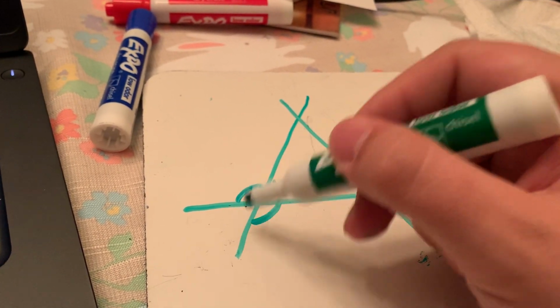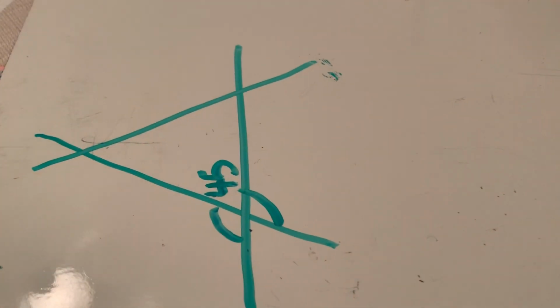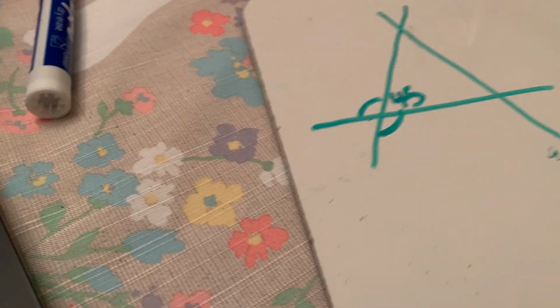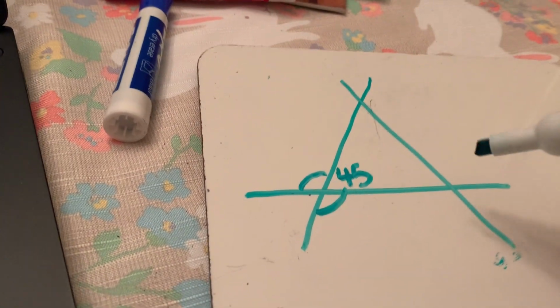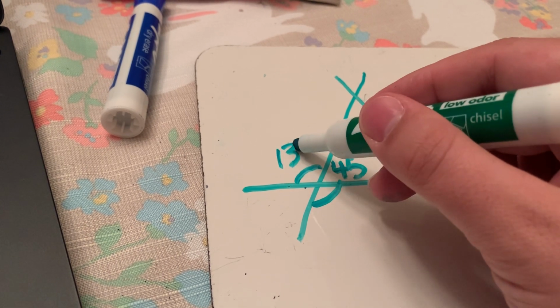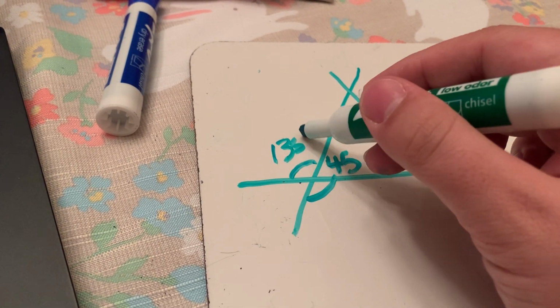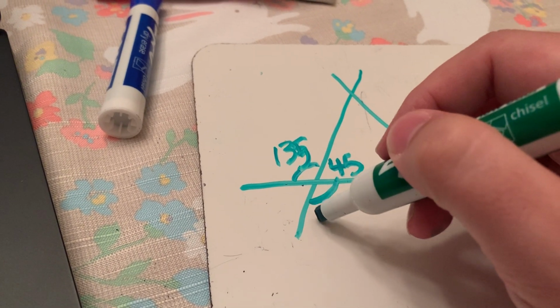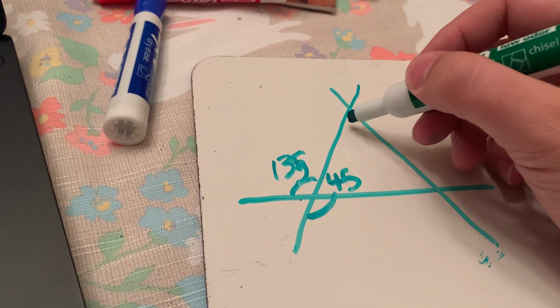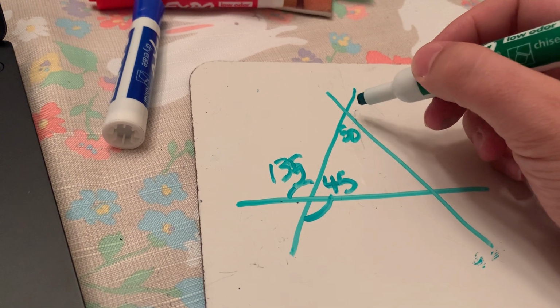This angle forms this line with 45 going that way. Again, if you want to turn it sideways as proof, you can do that. So what would I add to 45 to get 180? That would be 135, right? So again, you can either do 135 up there or on this side. It doesn't matter, okay? Let's say this angle is 50 degrees, okay?